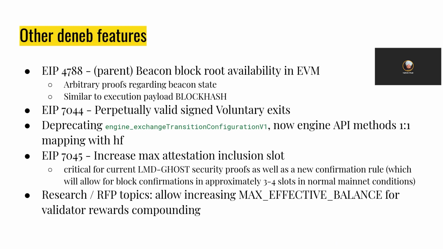And coming to those features, some of the candidates are EIP 4788, which is basically including a beacon block root in the EVM. So one would now be able to do proofs for the beacon state in the EVM. For example, if someone wants to trigger withdrawals or trigger an exit, they would be able to do it.